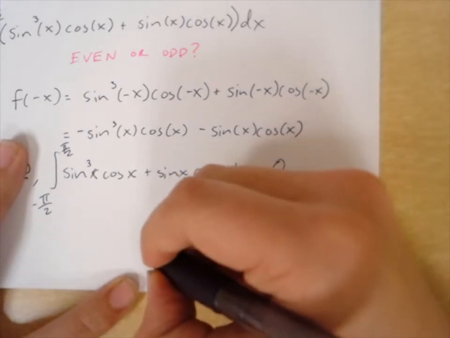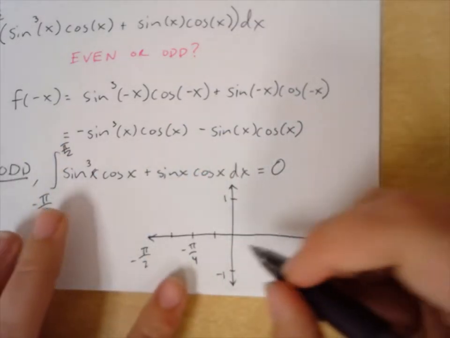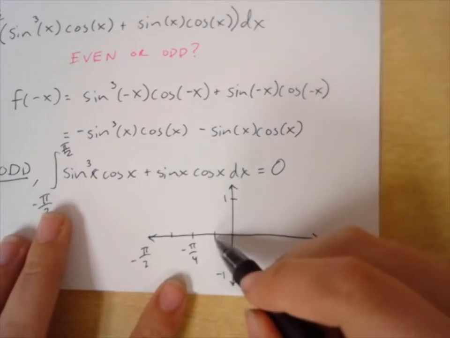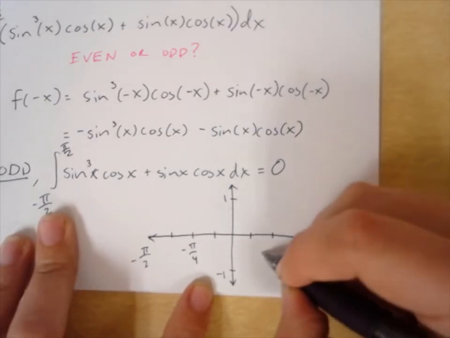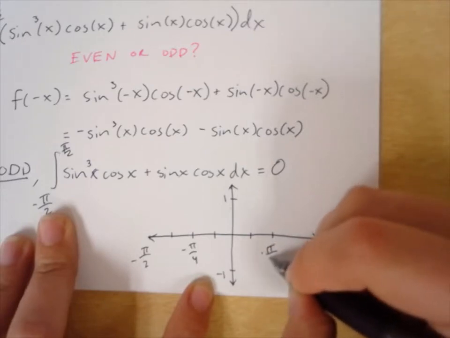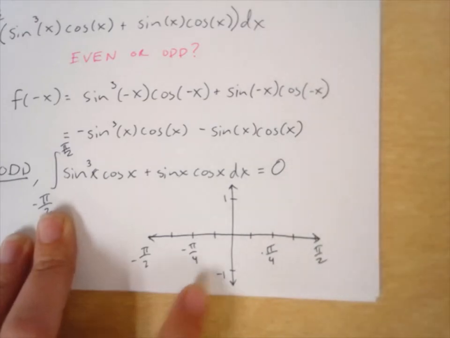And then over here we would have negative pi over 2. And then right here we would have positive pi over 4. And then right here we'd have positive pi over 2.